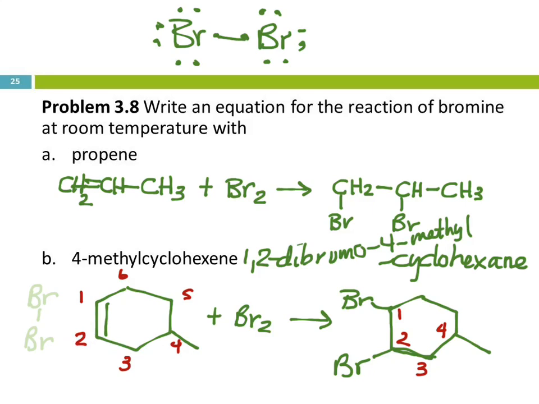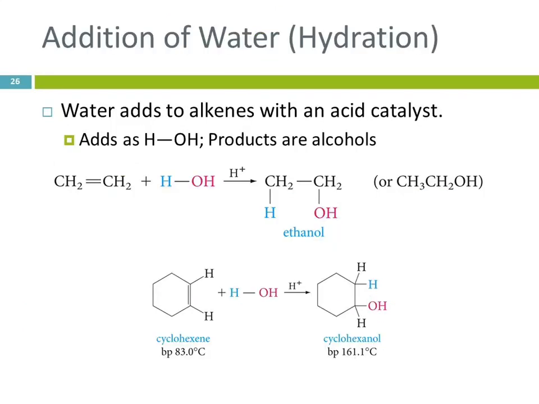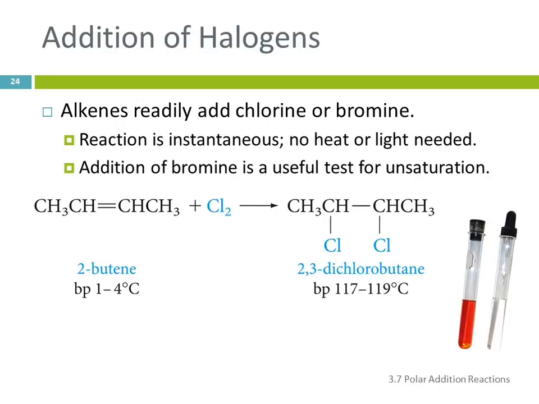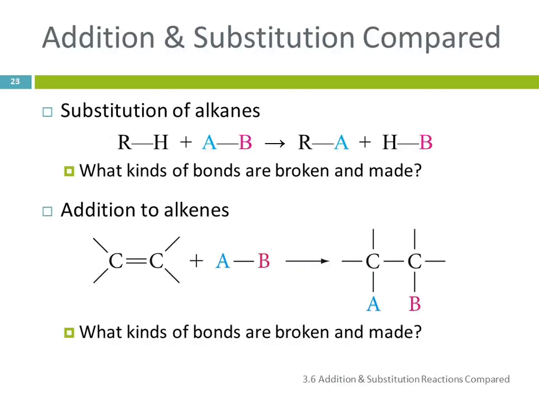So organic chemical equations often have structures and not just molecular formulas, because molecular formulas are not that helpful when there are so many isomers. Another reaction that can happen is addition of water.